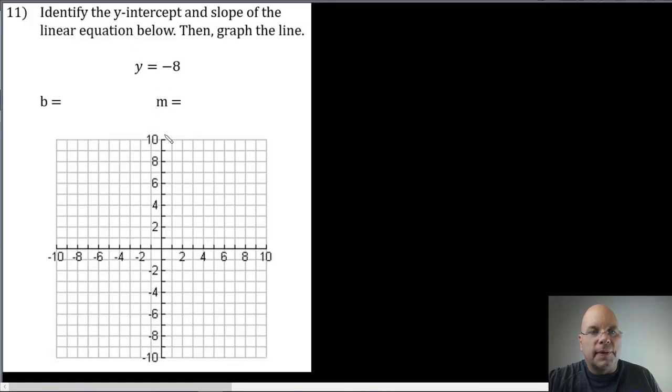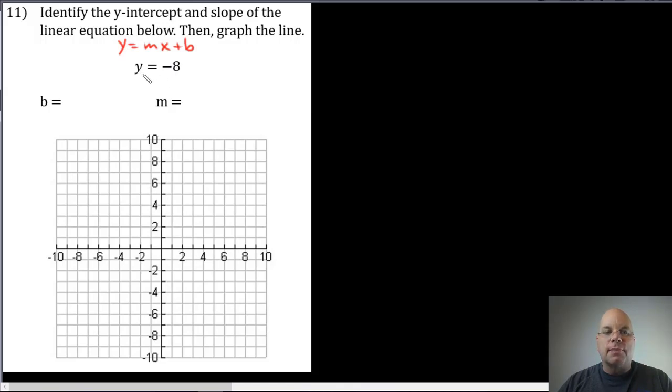Okay, the final problem on this page, identify the y-intercept and slope of the linear equation below. Remember the slope-intercept form is y equals mx plus b. If you look at this linear equation, y equals -8, there is no variable term. Y never varies.